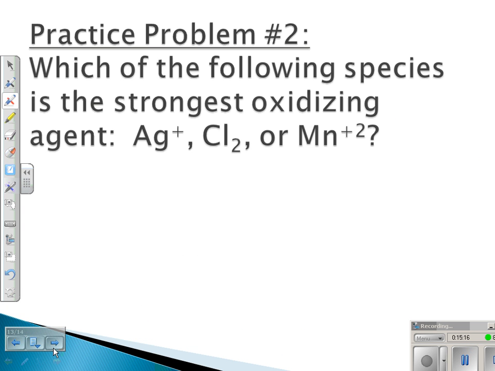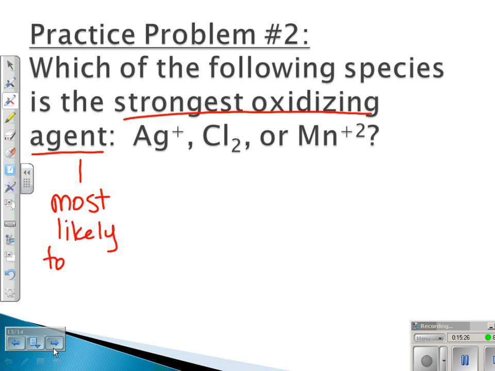All right, another type of problem. Which of the following species is the strongest oxidizing agent? Strongest oxidizing agent means most likely to be reduced. Okay, so we're going to look up reduction potentials. Find silver, Ag+, on your table, and you will see that it has a voltage of 0.8.